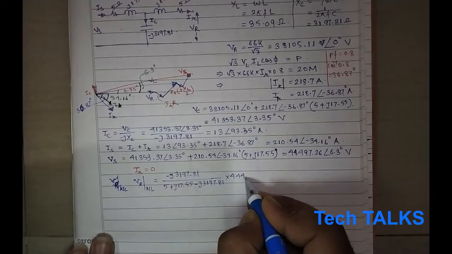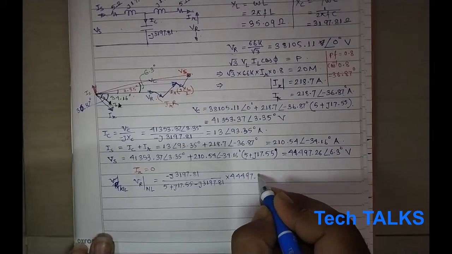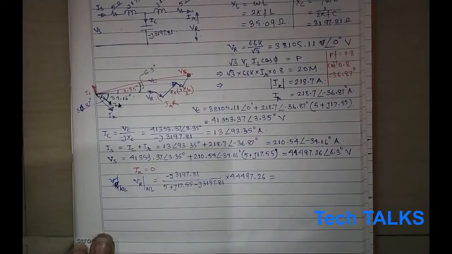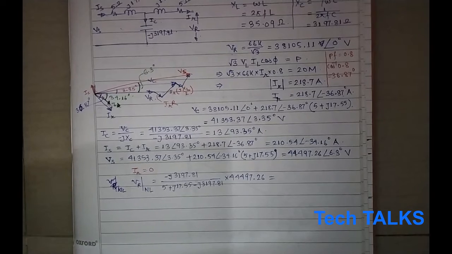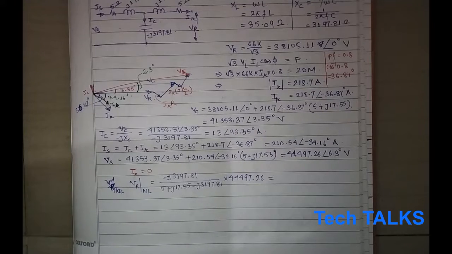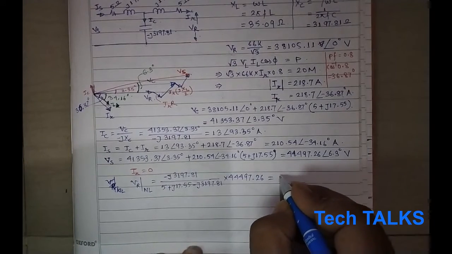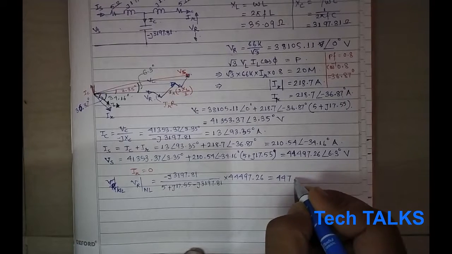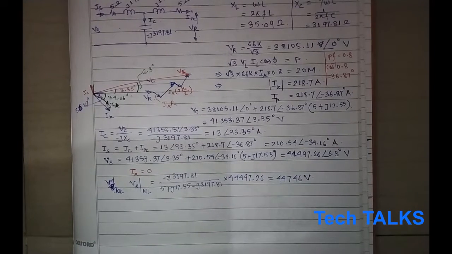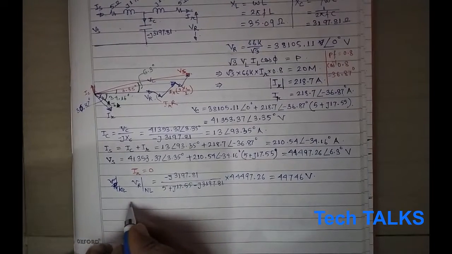It is 44497.26. That is equal to 44746. Okay, now percentage regulation we will be calculating.